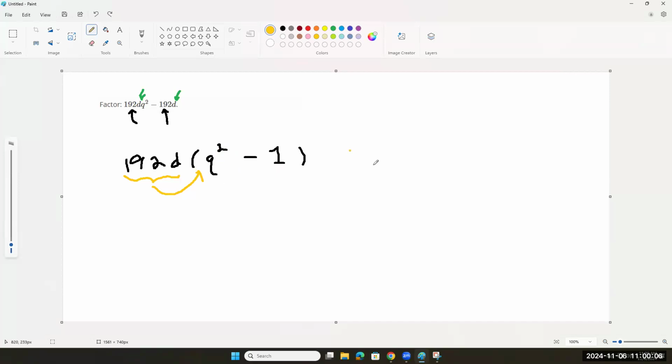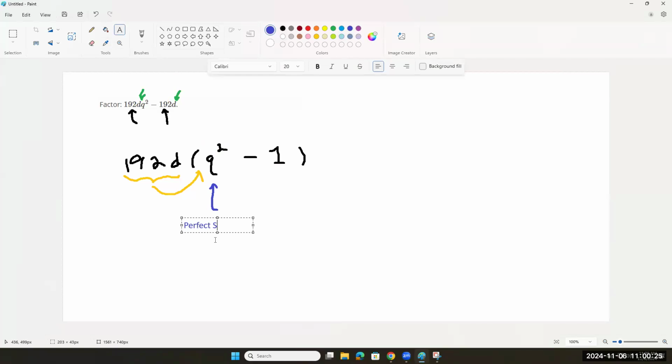So now, let's look at this. We're left with a binomial inside the parentheses. And what I want you to notice is that Q squared is a perfect square.